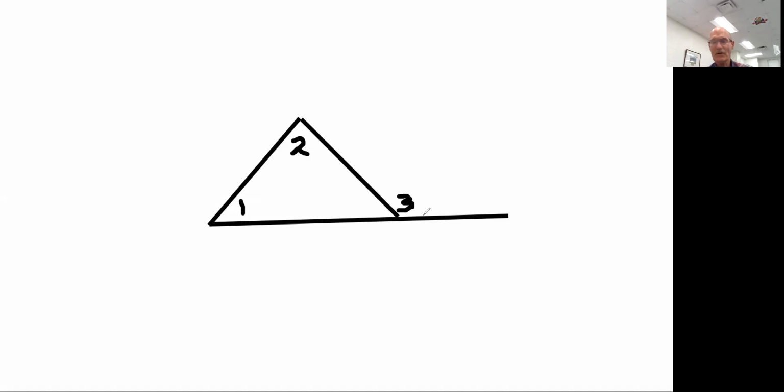The exterior angle is created by extending any side of a triangle.